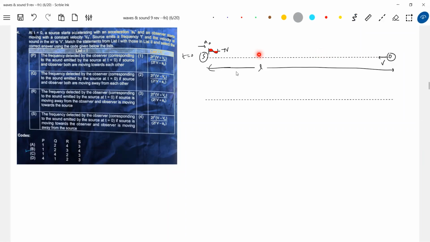So what is the time taken by the pulse to strike the observer? Relative separation by relative speed. So after some time, the observer will be here, and the pulse has reached here. Let me take this interval of time as t equal to t1.